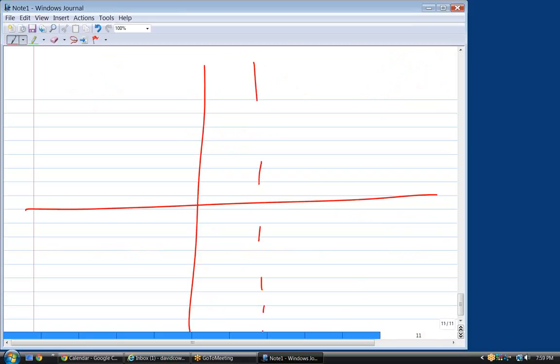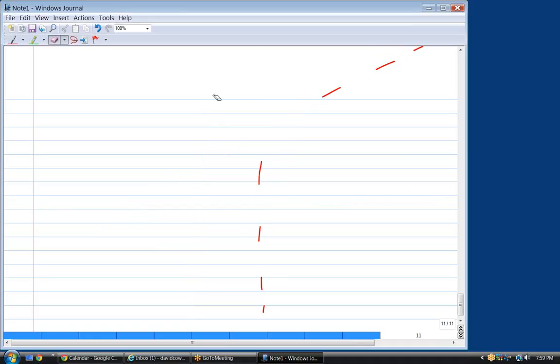In other words, if I have a vertical there and a horizontal there, well, my curve could do something like this. It could cross that and then come back and approach it. So the only ones that can't be crossed are the verticals.